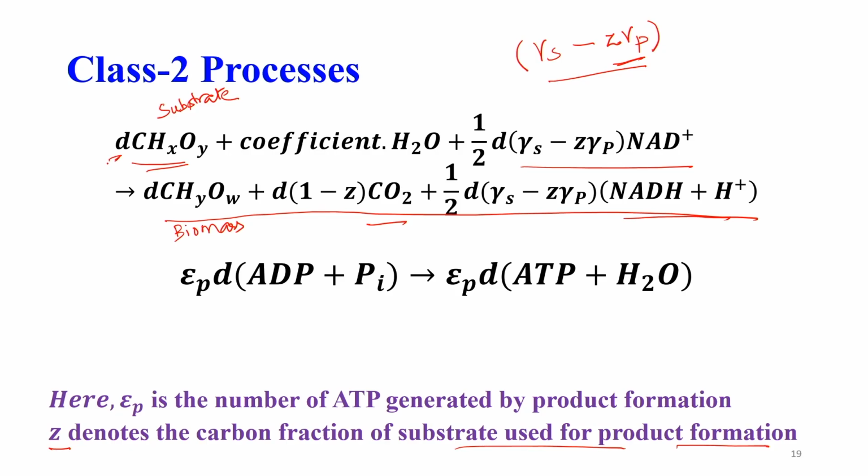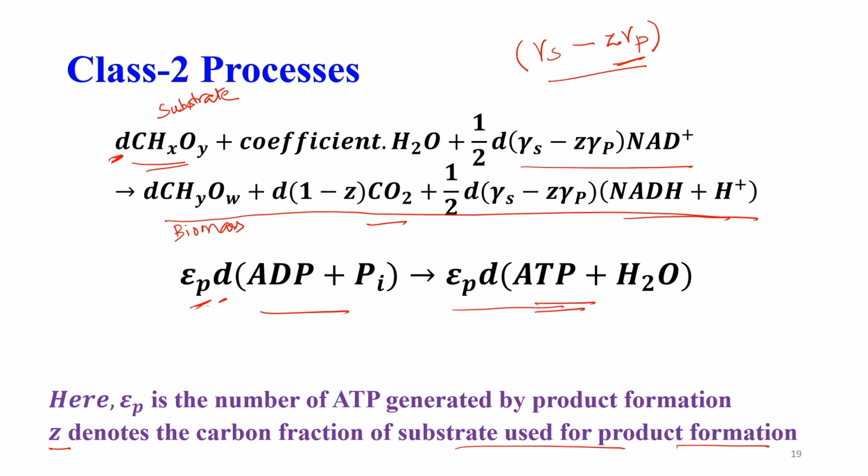D is the stoichiometric coefficient here. And as I know this process is there, it means ATP will also be synthesized parallelly. So, gamma P is the number of ATP generated by the product formation. So, gamma P into D, where D is the stoichiometric coefficient, and the same amount of ATP is formed.